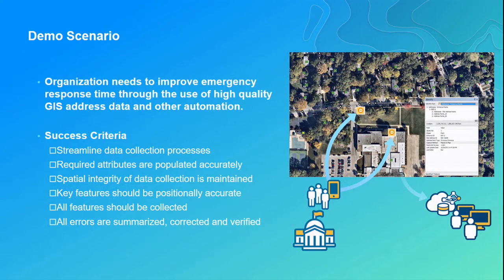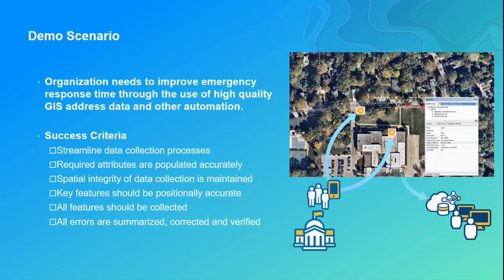Before I get into the demonstration, I wanted to generally talk about what I'm trying to demonstrate by using Data Reviewer services. As an organization, I need to improve the emergency response system, for which I need to provide high quality data. So we're going to build an application which will streamline the data ingest workflow for different contributors.